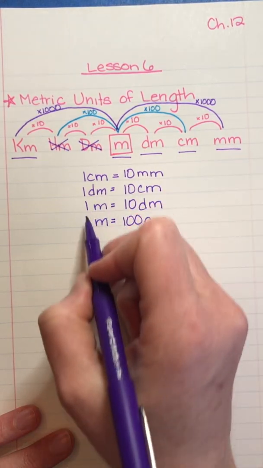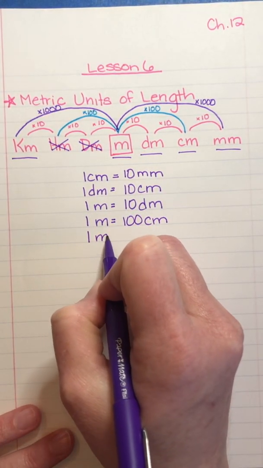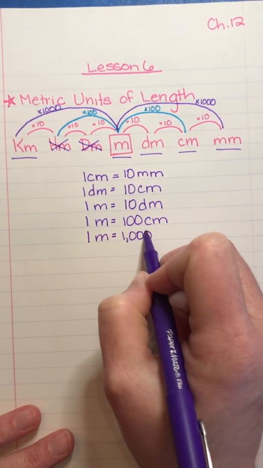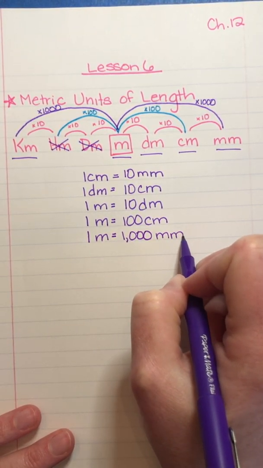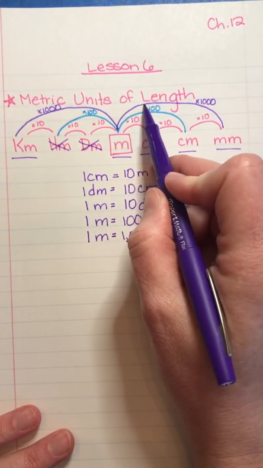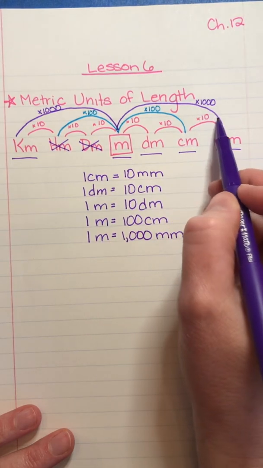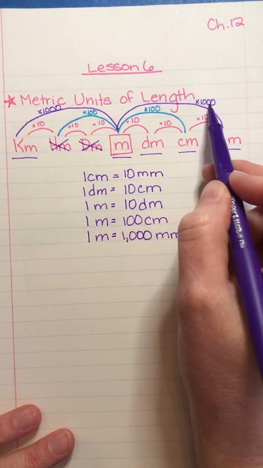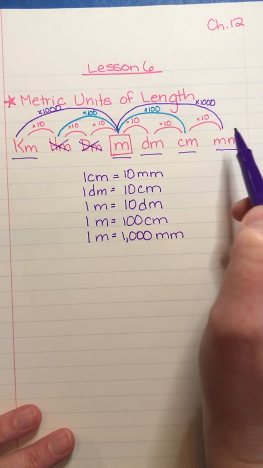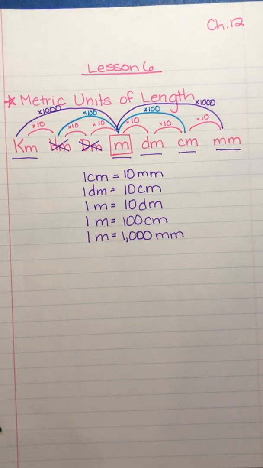And then I need to know that 1 meter is equal to 1,000 millimeters. Okay, so this meter, making a huge leap all the way down to millimeters, times 1,000. So one of these would be 1,000 millimeters. Okay, so those basic facts you need to know.